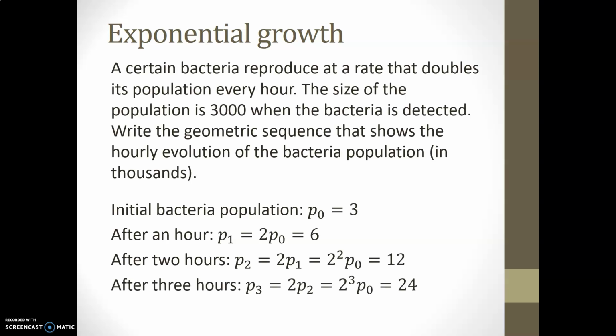And likewise, after 3 hours, we're doubling the population size that was viewed after 2 hours. And that's like doing 8 times, so 2 to the 3 times the initial population size, so 24. 3, 6, 12, 24 shows that the population size doubles at every consecutive hour.